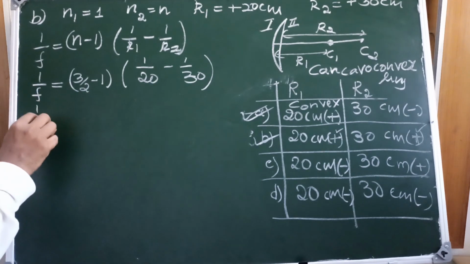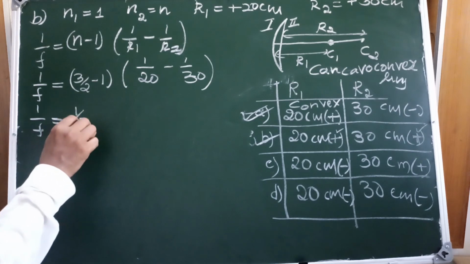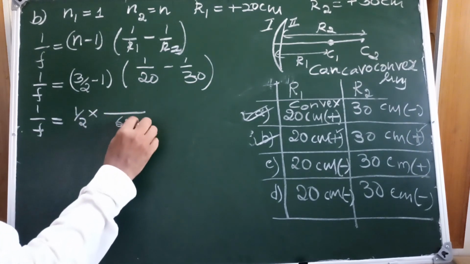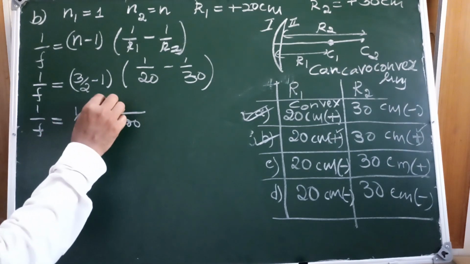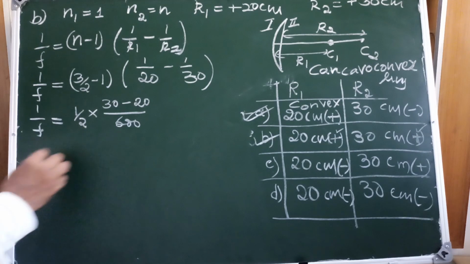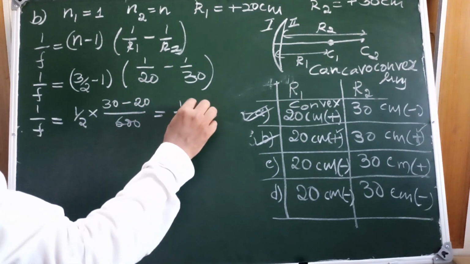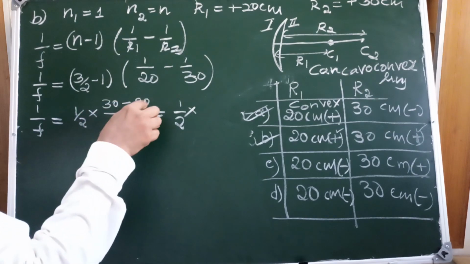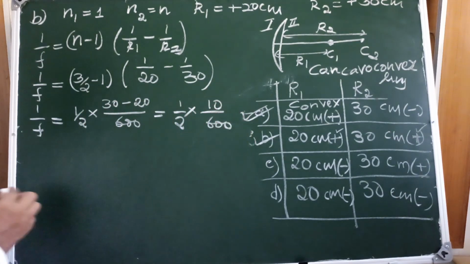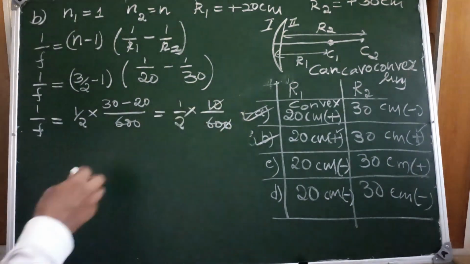If you simplify, 3 by 2 minus 1 means half, multiplied by, with LCM 600, 30 minus 20. So you can write immediately, half into 30 minus 20 is 10 by 600. In 10 by 600, the 0 gets cancelled.